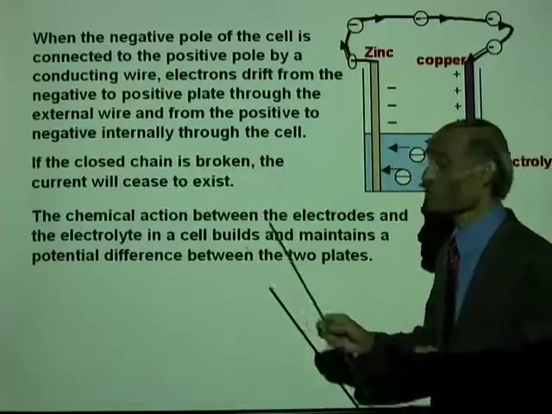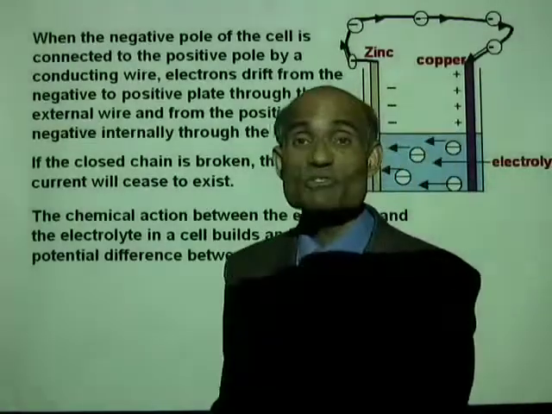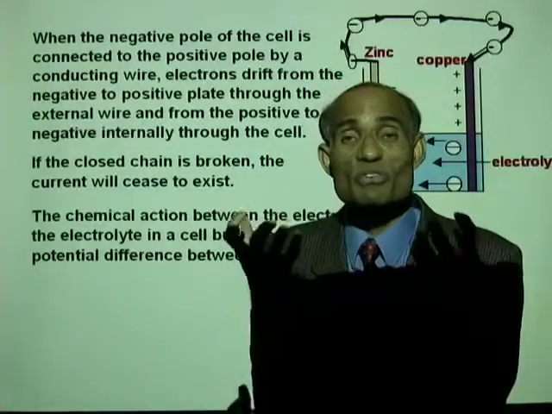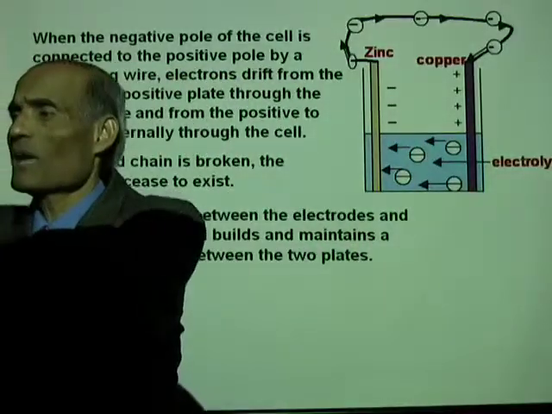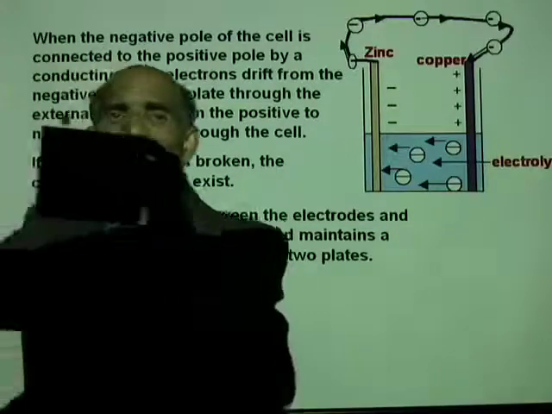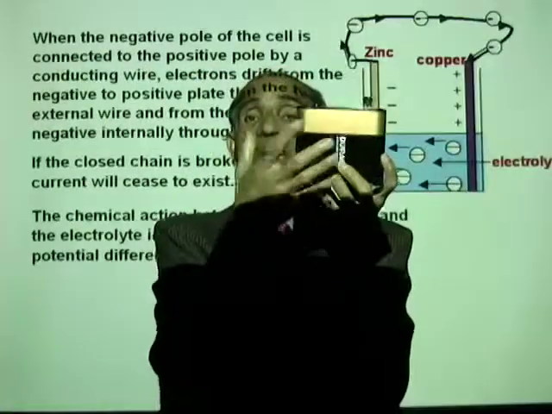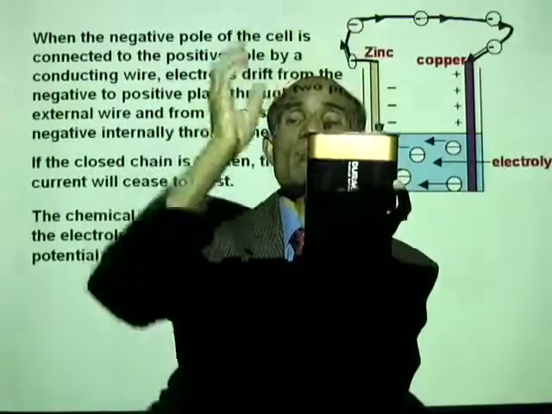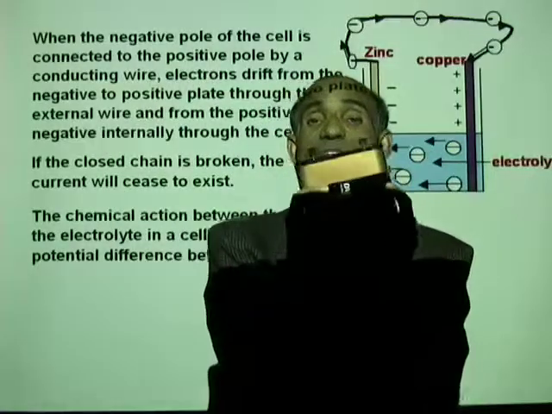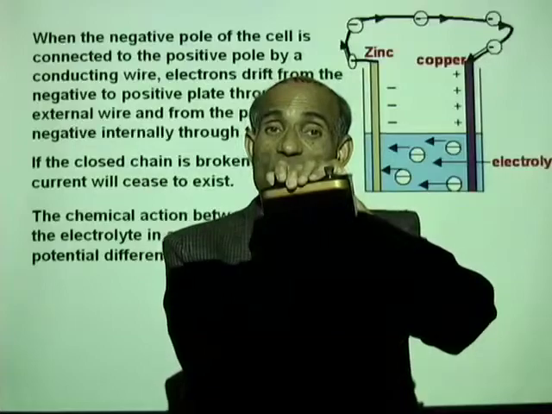The chemical action between the electrode and the electrolyte, what does it do? What is the cell? Now here, I have a cell. This is a cell. There is a chemical inside, and there is a positive electrode and a negative electrode. Now what does the cell actually do?